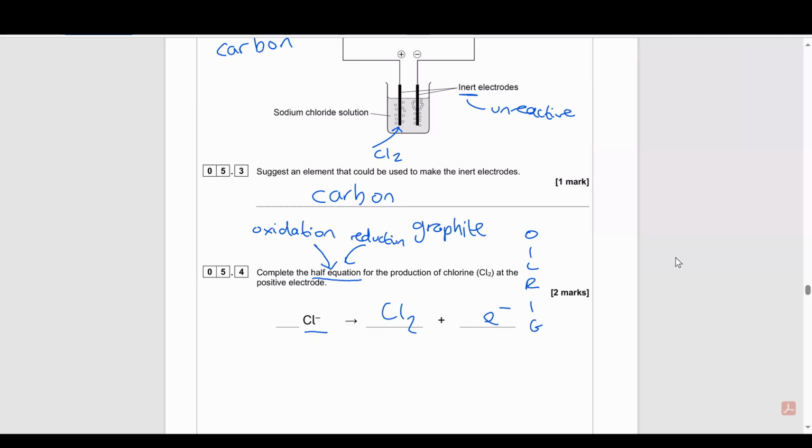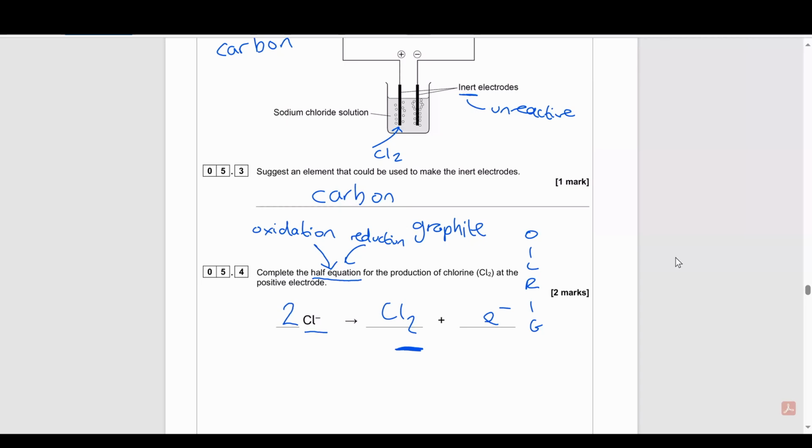The final thing that we need to do now, remember, it is an equation, so every equation needs to be balanced, so we need to make sure that both sides have the same number of chlorine atoms and electrons. So you can see that we've got 2 chlorine atoms on our product side. So we need to show that by putting a 2 in front of chloride.